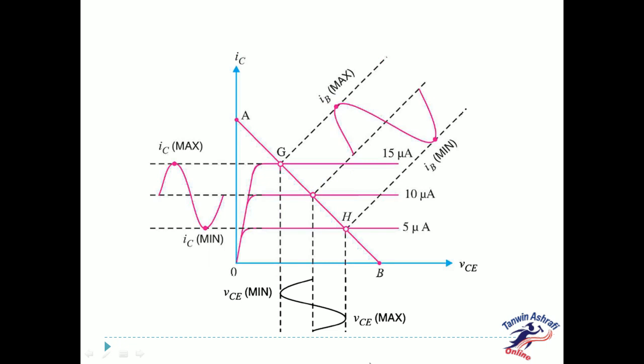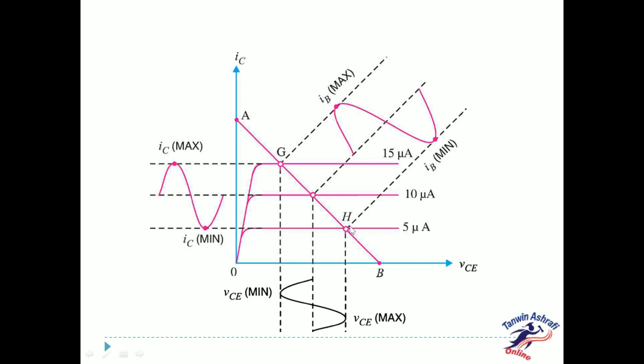Graphical demonstration of the fact of phase reversal. In the figure, you can see the line AB is the load line. From the figure, it is clear that when the base current is maximum, that is at G, the collector emitter voltage is at the minimum.